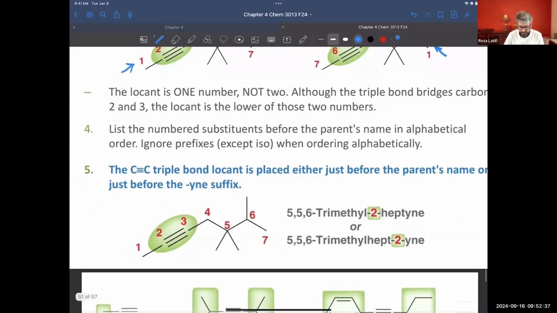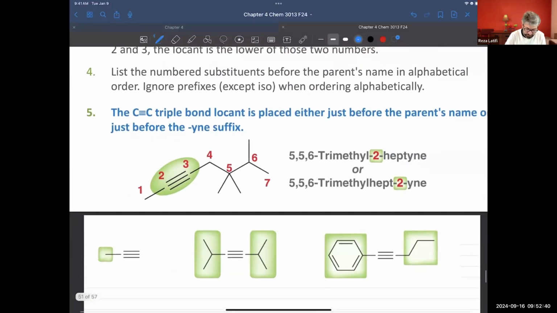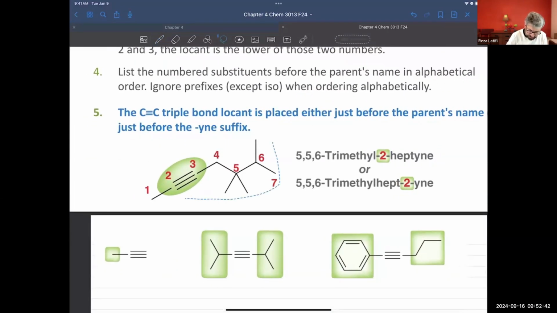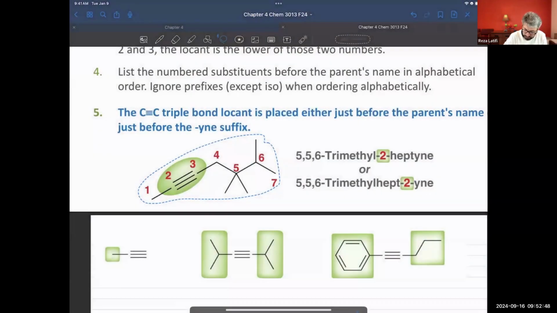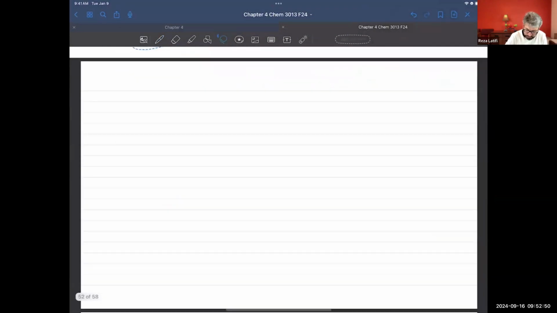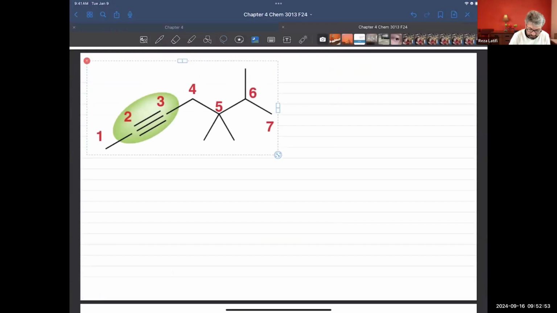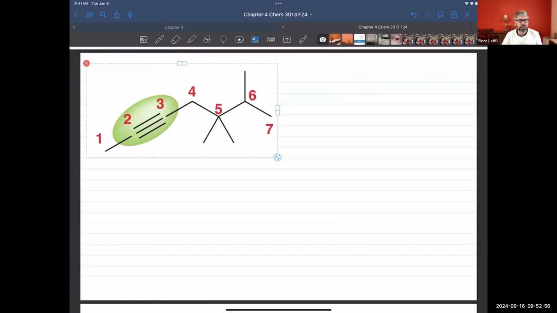Now, if I want to name this compound, let me grab this structure and go after the naming. I have a total of 7 carbons inside the main chain. So this one will be hep.